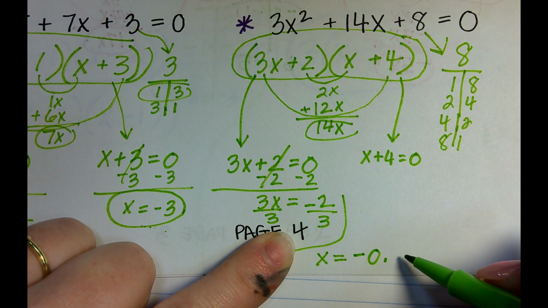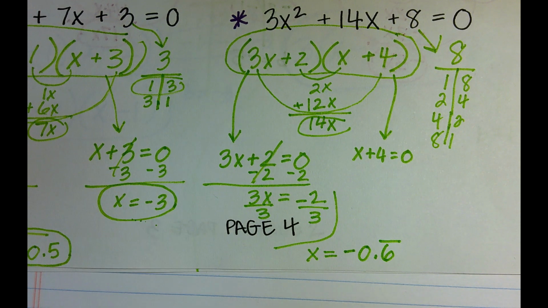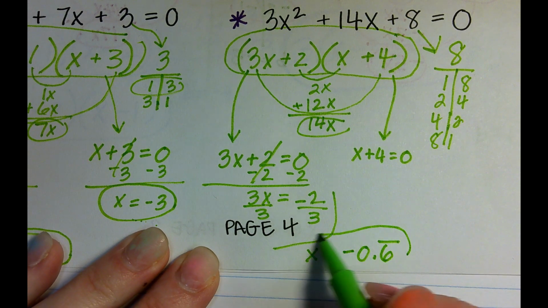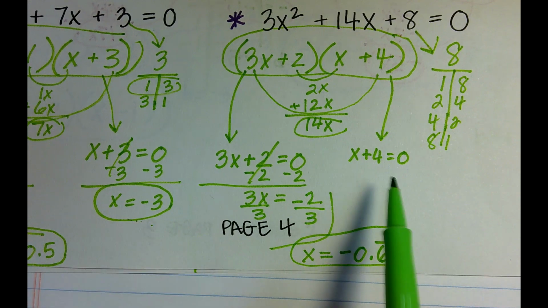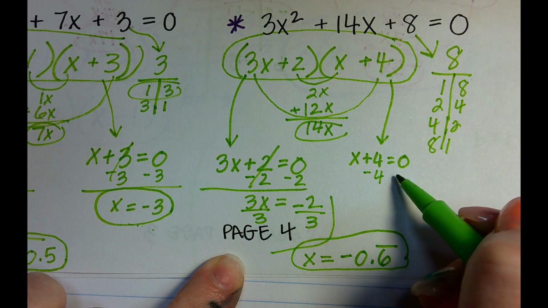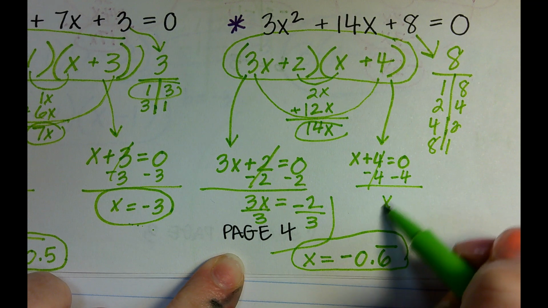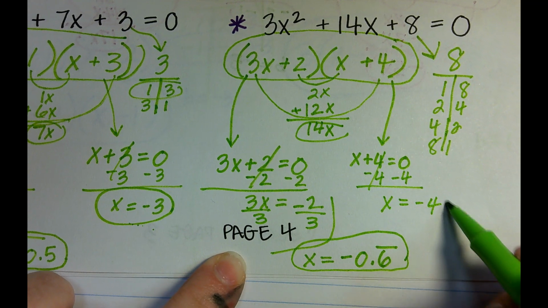What is it, 6 repeating? Okay, 0.6 repeating. Or you could round 0.67. That's okay with me too. And x plus 4 equals 0. We'll just subtract 4. And we get, yes, x equals negative 4.